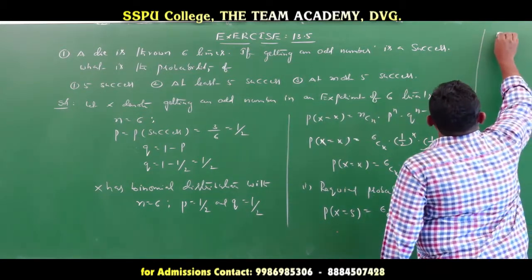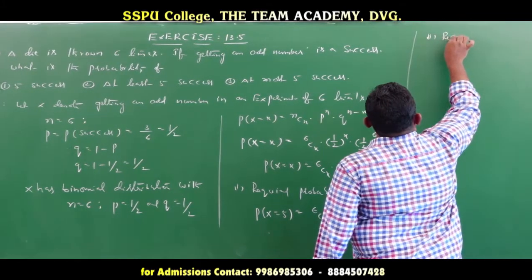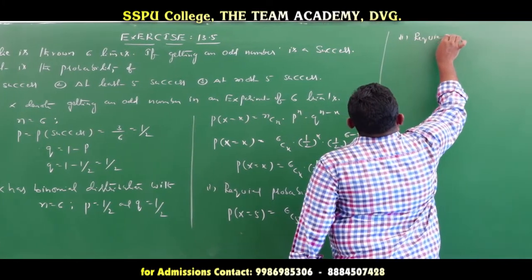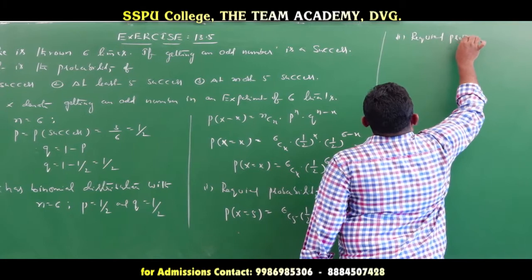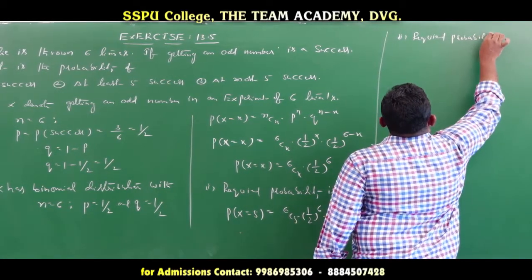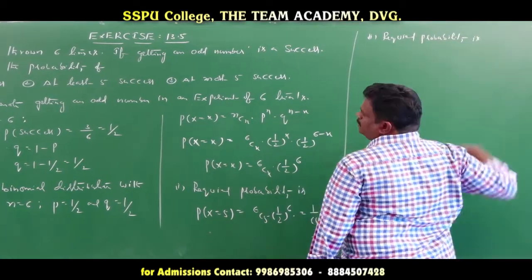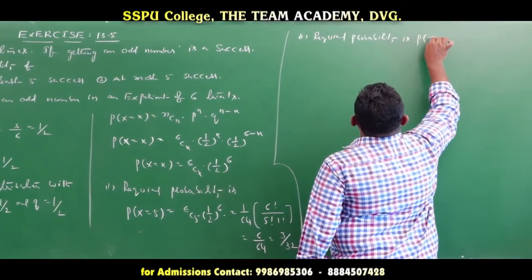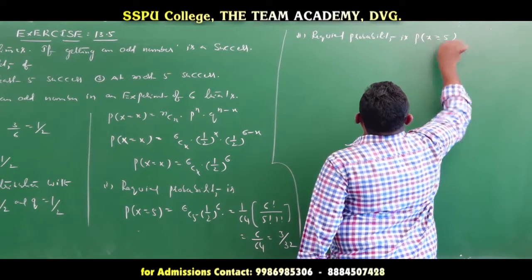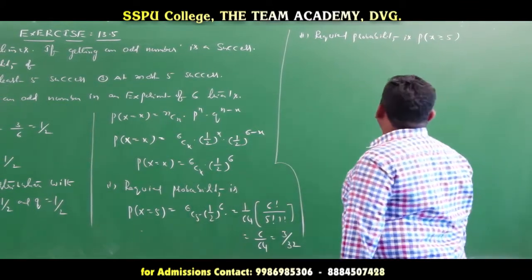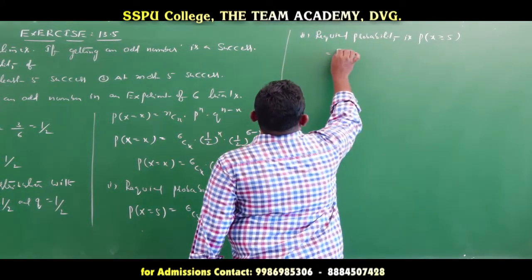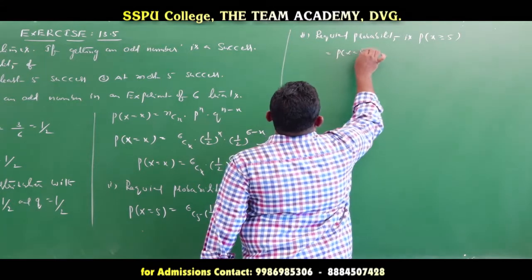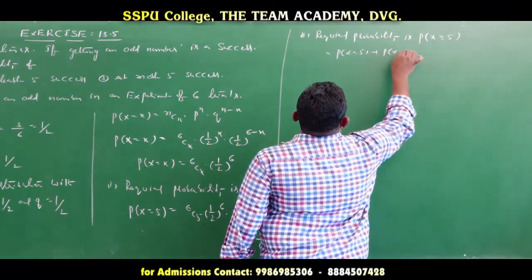Now the second one. The required probability is for at least 5 successes. At least 5 successes means x is greater than or equal to 5. So that is x is equal to 5 plus x is equal to 6.